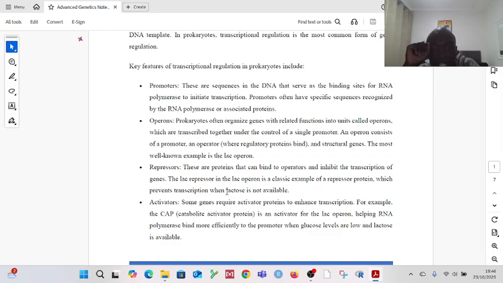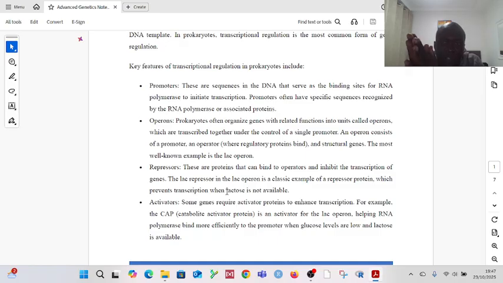So a repressor refers to a particular protein which will bind to an operator. And once that protein has bound to the operator, it will lead to the inhibition of the transcription process of those genes found within the operon.